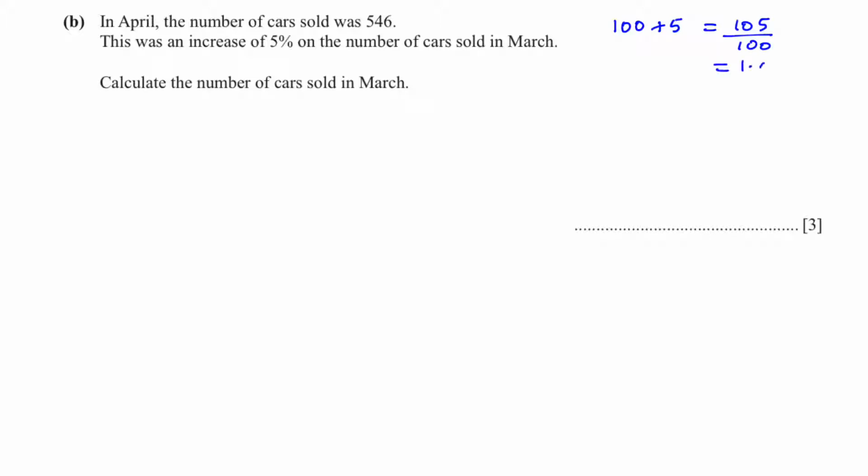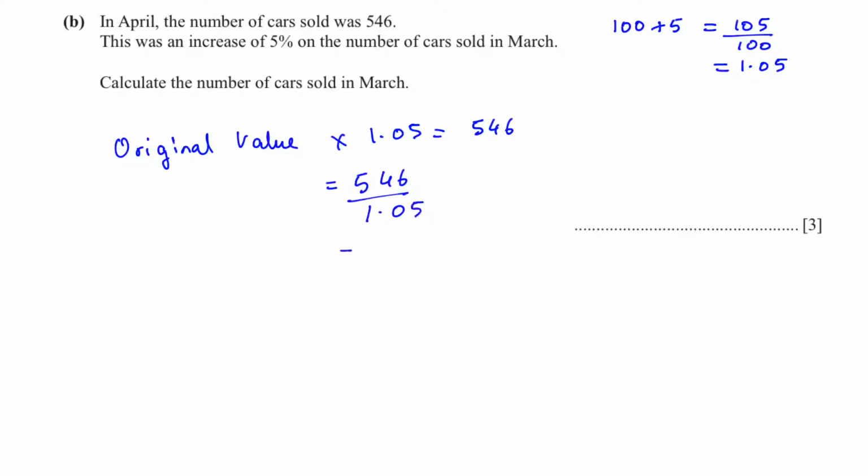So your multiplier is 1.05. The original value multiplied by the multiplier, which is 1.05, will give you your final value, which is 546. Therefore, the original value will equal 546 divided by 1.05, and that is 520.